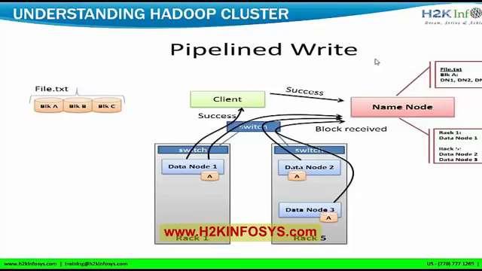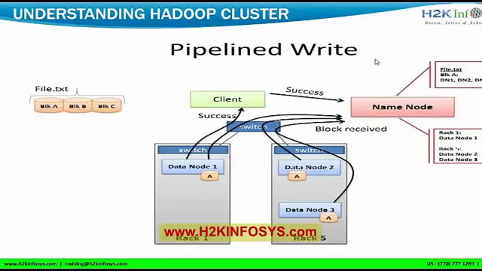So it will say to the client, I got everything fine, it's a success message. The same will be repeated from the other data nodes. Data node 2 will say to the client, I had written my block and I'm fine. Data node 1 will say, I had written my particular block on my data node, I'm fine. Everything is okay.